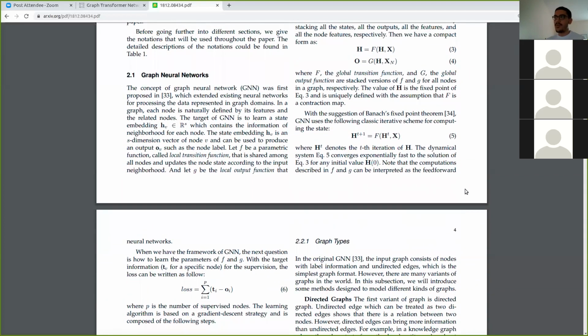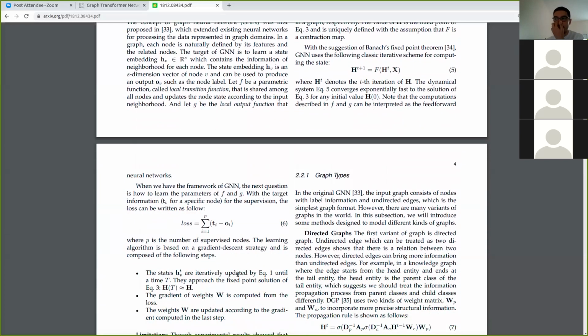And of course, once this node representation is learned, it is passed to an output and compared with some ground truth. In the case of node classification, there is target information on each node, and a loss is computed, and so learning happens in the usual way: gradients are calculated with backpropagation and updated with gradient descent.